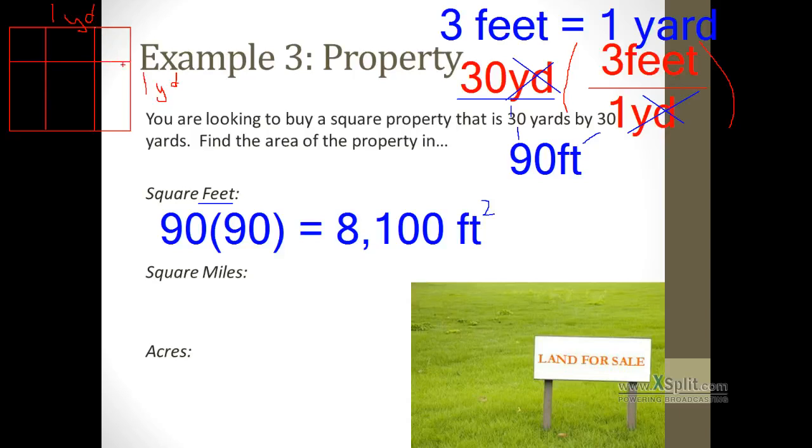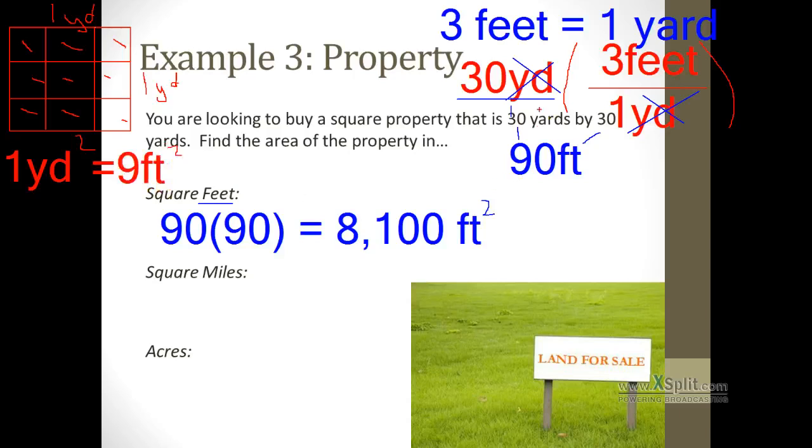Similarly, horizontally, we'll do the exact same thing. There aren't 3 square feet in this 1 square yard. There are in fact 1, 2, 3, 4, 5, 6, 7, 8, 9 square feet in a square yard. I can write that out: 1 yard squared is going to equal 9 feet squared.